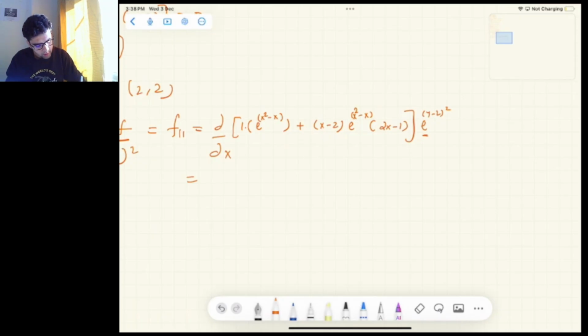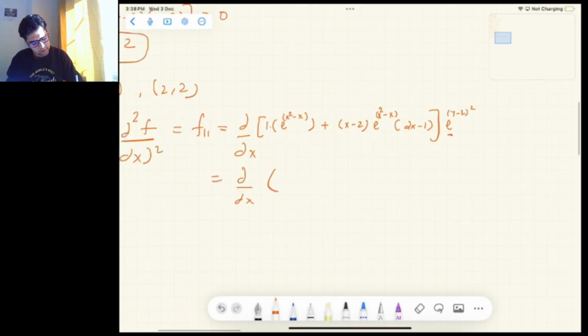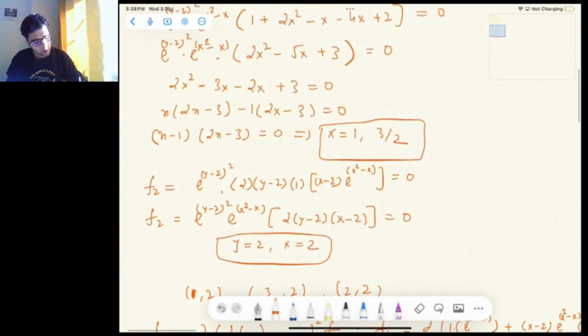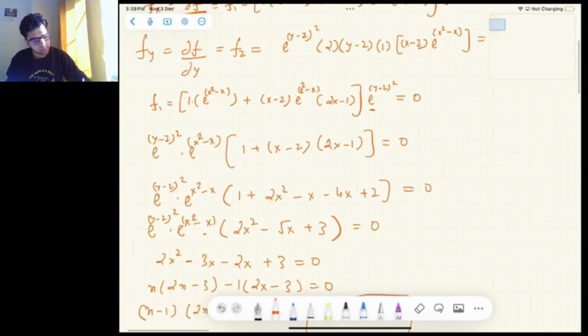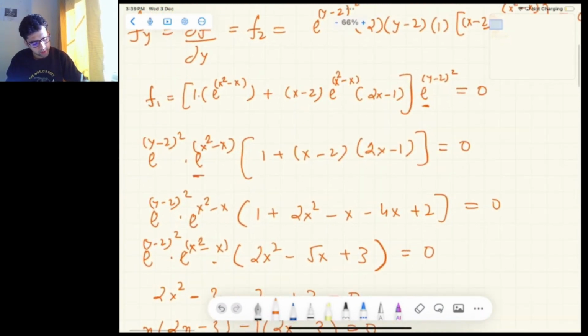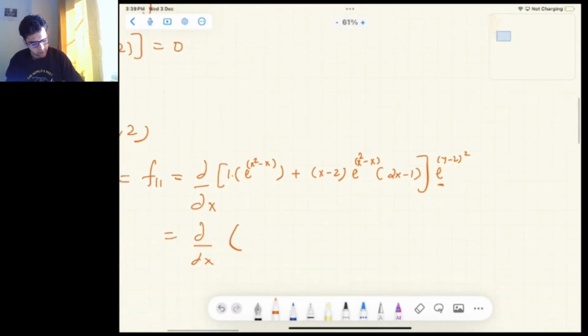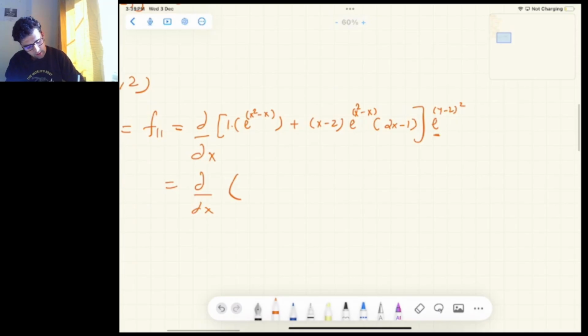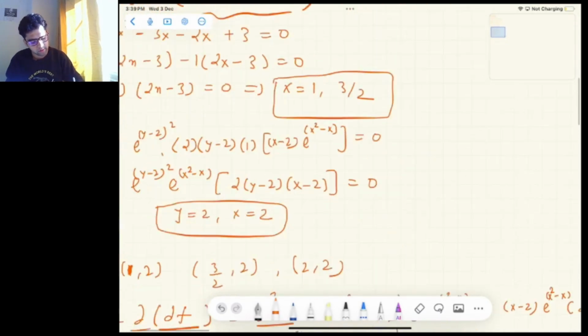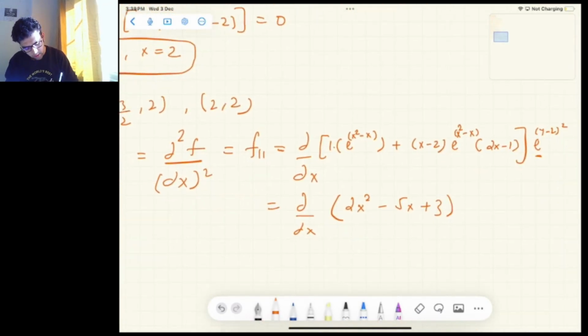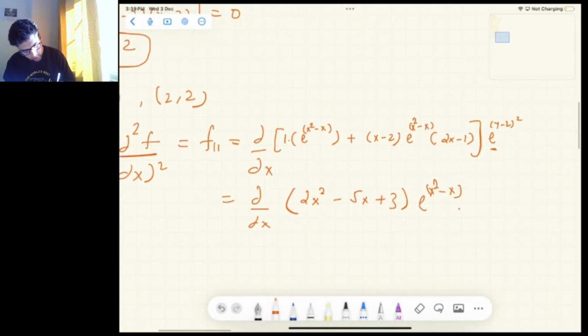so wait a minute, I wrote this term as, I took x minus 2 x square minus x common, right? x square minus x common, and I was left with this term inside the bracket. So I can write this as 2x square minus 5x plus 3, 2x square minus 5x plus 3, yes, and e to the power x square minus x and e to the power y minus 2 whole square, right?